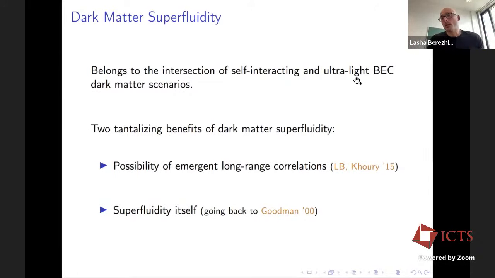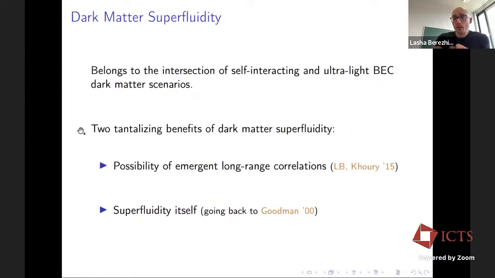Another direction is ultralight Bose-Einstein condensate dark matter, which I'm sure you already heard about during this conference. It deals with ultralight dark matter particles that would have a de Broglie wavelength in galaxies of order of a kiloparsec, which also tends to fuzz out the central regions of galaxies.